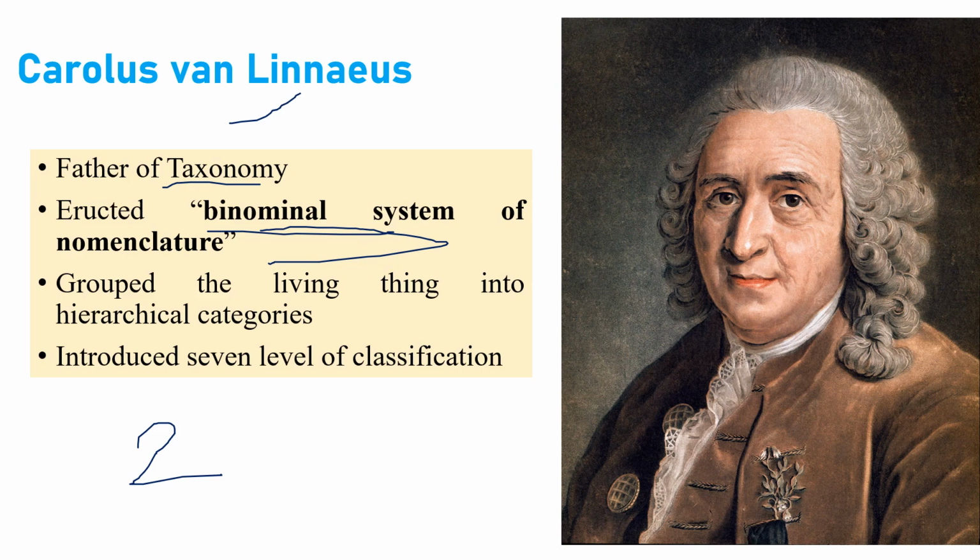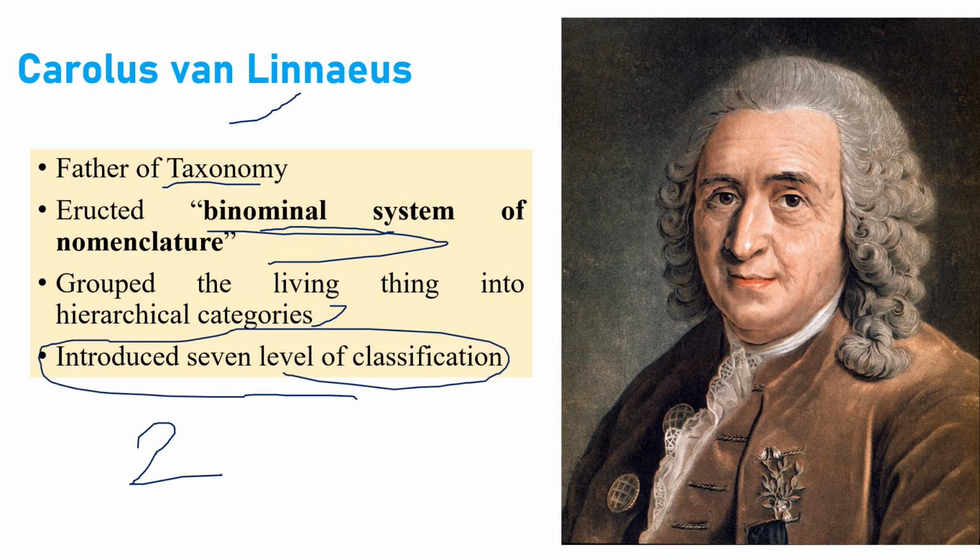He grouped living things into hierarchical categories, and a 7 level classification was also introduced by Carolus Linnaeus. The 7 levels of classification are classes, orders, genus, species and so on. Nothing to worry about it. He gave a lot of breakthrough foundations for this classification. That's why he is considered the father of taxonomy.